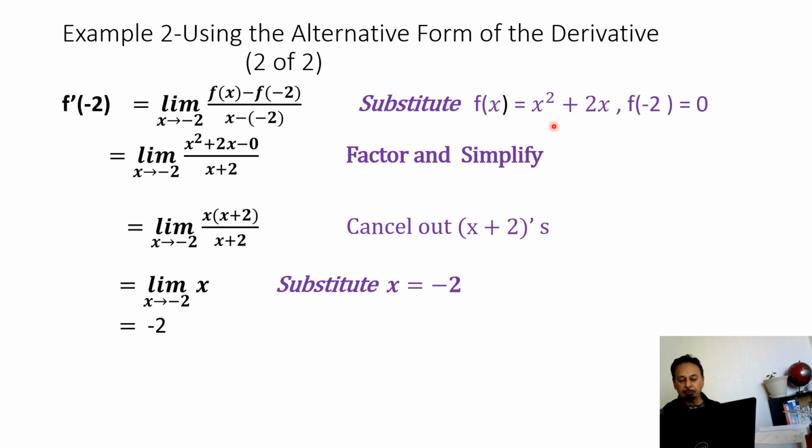Now we substitute f of x equals x squared plus 2x and f of negative 2 equals 0. So this becomes x squared plus 2x minus 0 over x plus 2.